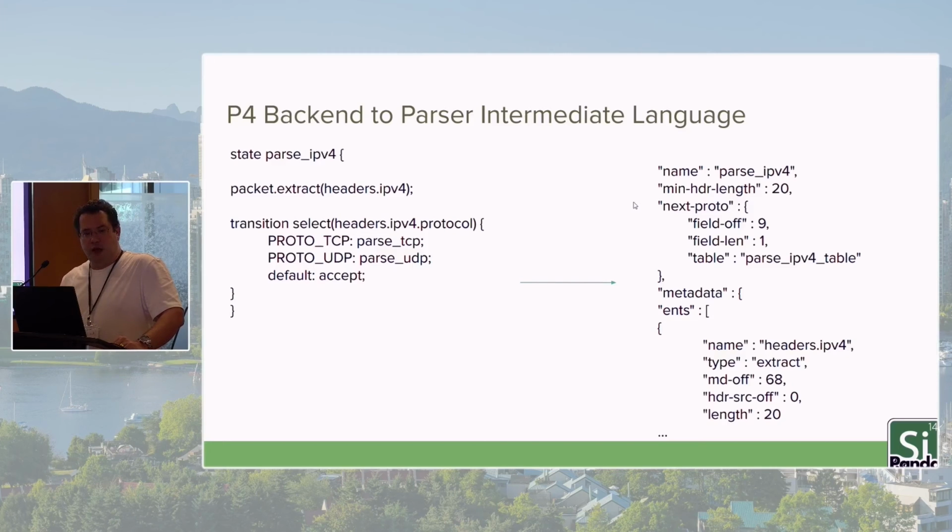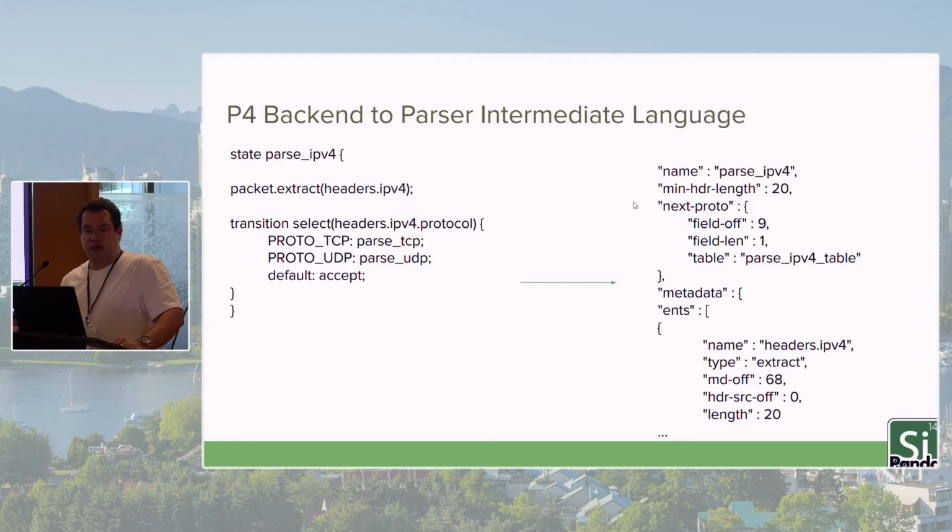So the backend has these offset matchings from the headers, because it uses the selection on the data that was already extracted. We follow through with these offsets and calculate the offsets of the packets from there. So the transition goes to another parse state, right?